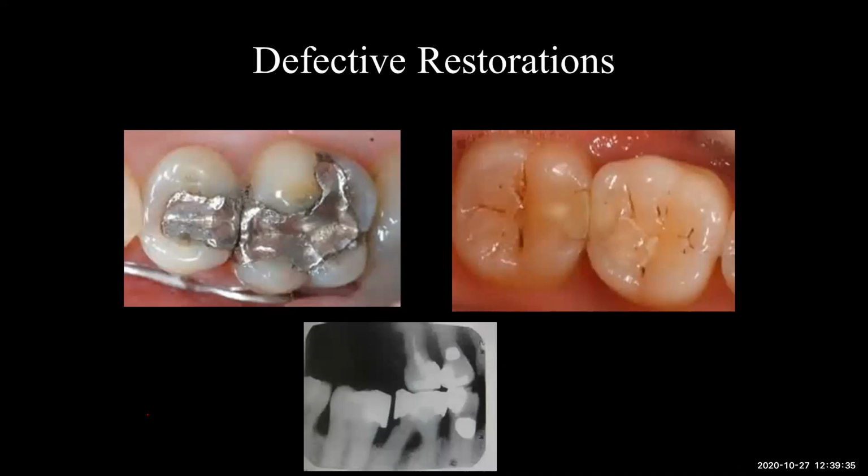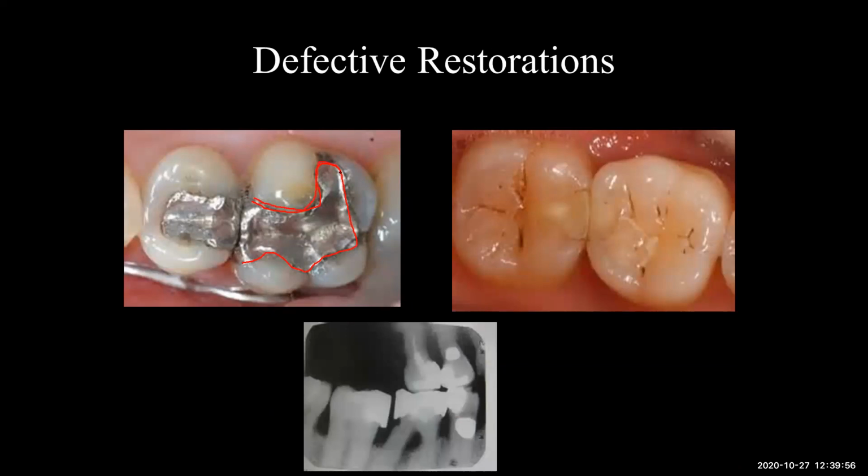Defective restorations, we're talking hard tissue charting. So you would chart the amalgam, would be an MO amalgam. It would actually be an MOL amalgam, all right, and then you would circle it in red.